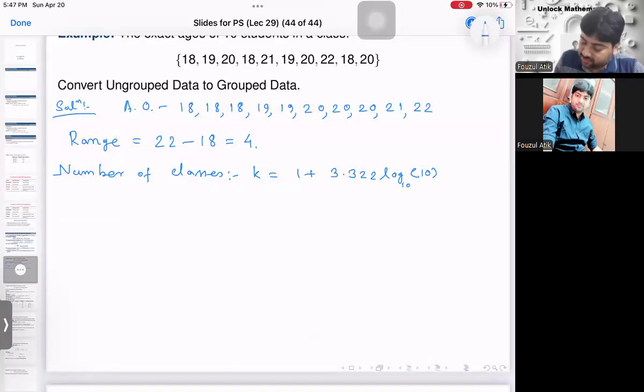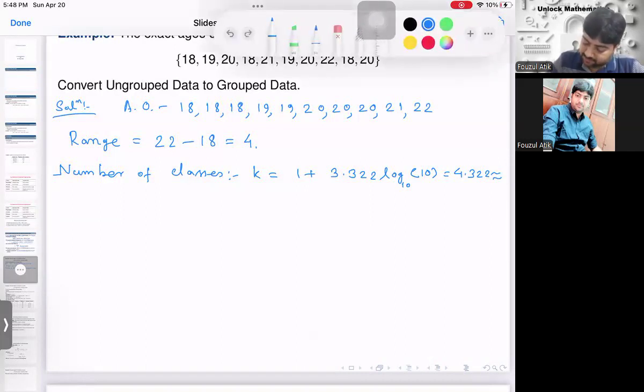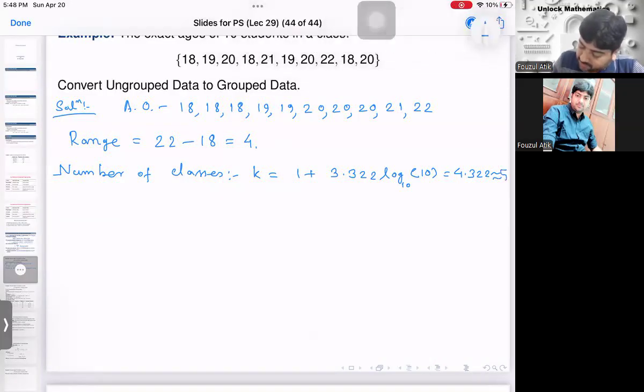This log will give you 1. So this value is 4.322, and if you round it up, we make it 5. The estimated number of classes is 5. We could have taken 4 also.